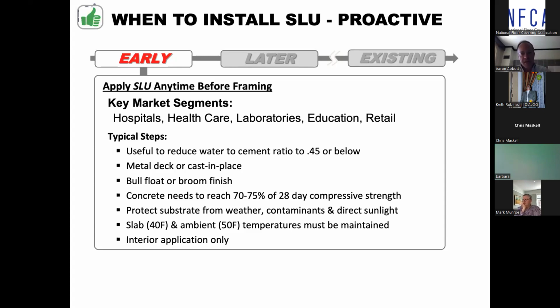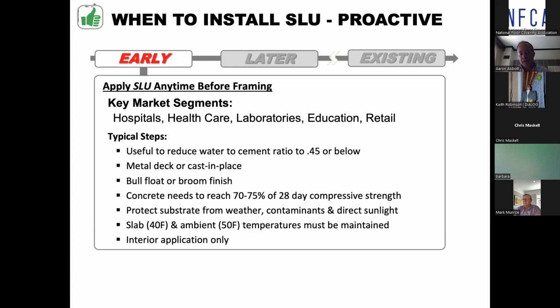If from the beginning of these projects the concrete water to cement ratio can be minimized as much as possible, maybe to something like 0.45 or below, that helps with the moisture issues that could occur later. So, reduce that water content if possible. It's going to be poured over metal deck or cast in place. There are other ways too.